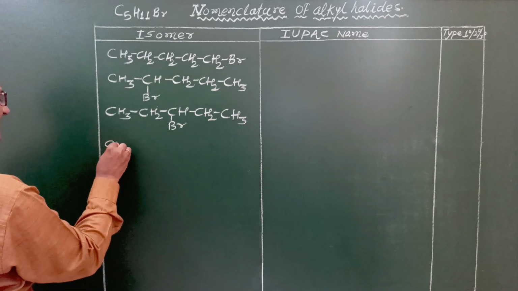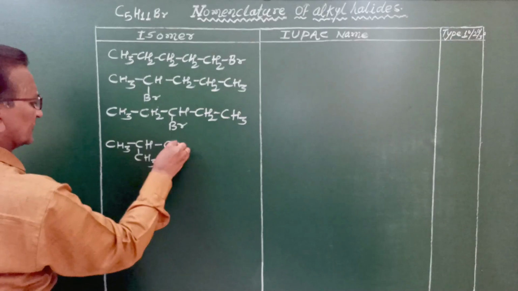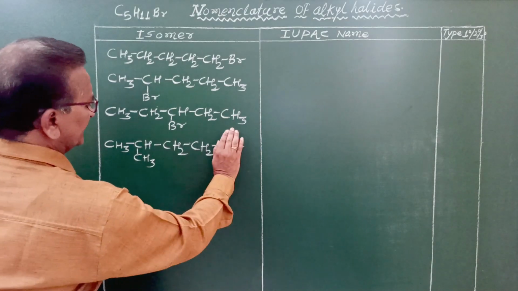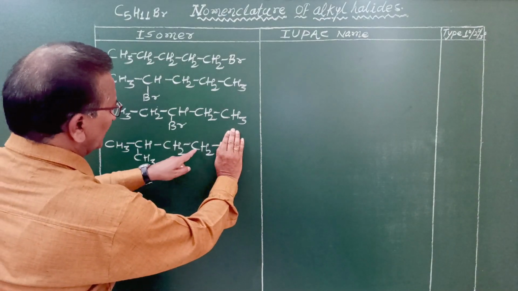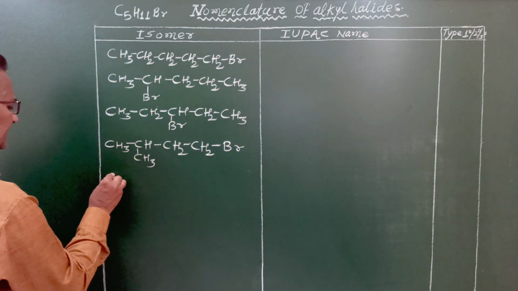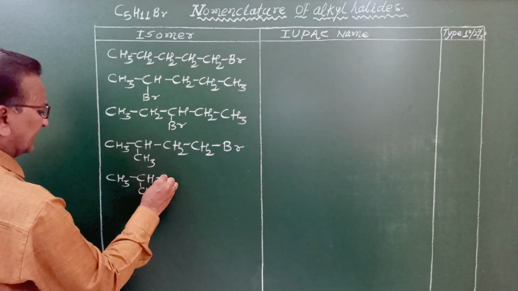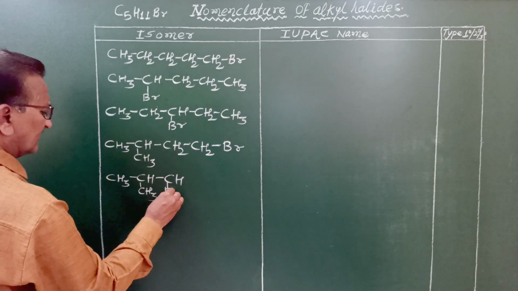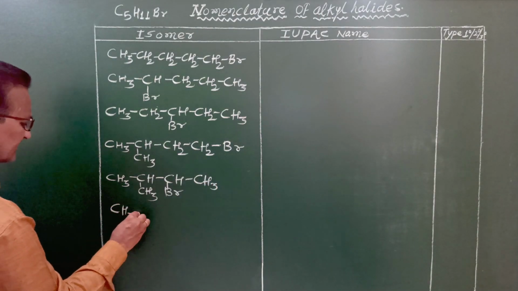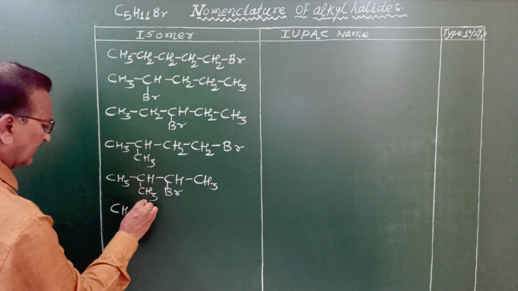Now let us see next. CH3-CH(branch CH3)-CH2-CH2-Br. Actually this group is derived from isopentane by removal of this hydrogen atom, and to this free valency the bromine atom gets bonded. Now let us see next: CH3-CH(branch CH3), and we attach the bromine atom to this carbon atom, Br, then CH3. Next, CH3-C(Br)(branch CH3)-CH2-CH3, where we remove this hydrogen atom by attaching bromine.